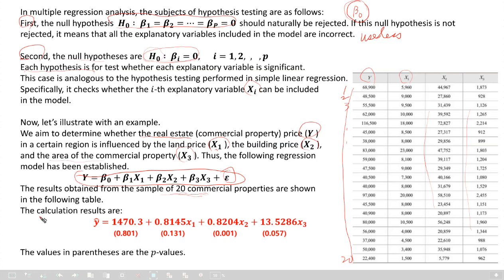So the calculation result from the computer is y hat equal to 1470.3 plus 0.8145 x1, 8204 x2, 13.5286 x3, the estimated values of parameters. These values are the p-values for each hypothesis. For beta 1 equal to 0, the p-value is 0.131, something like that. Okay, understand that?